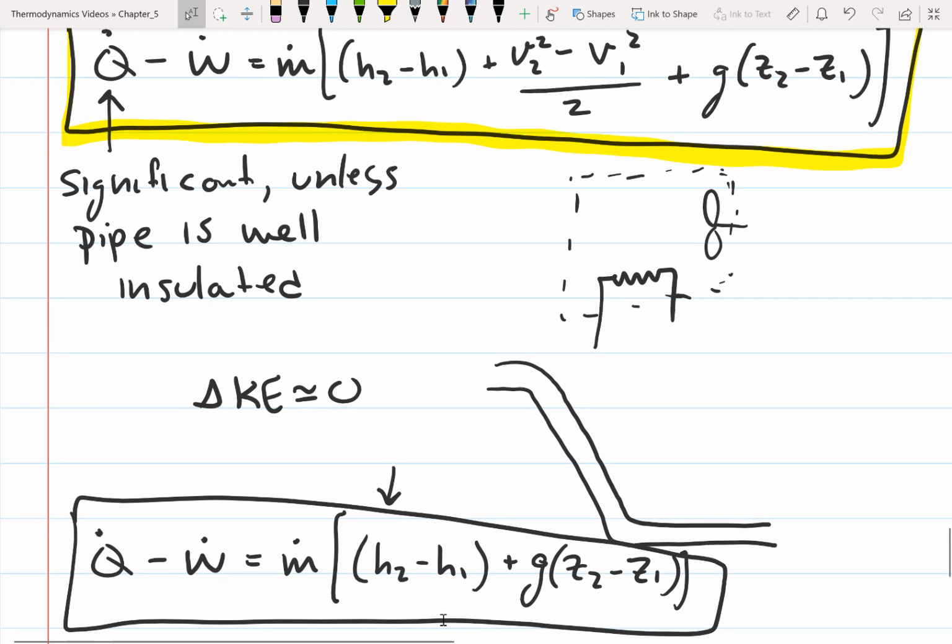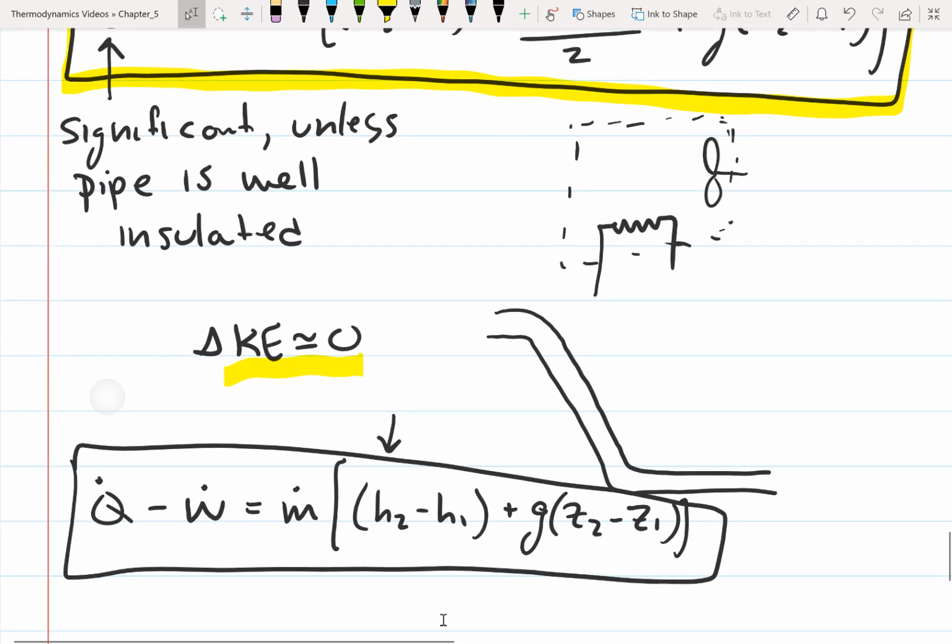Also, the change in kinetic energy is often approximately zero because the velocities are usually slow in pipes and there's usually not a large change in velocities. Also, pipes can often have large elevation changes, but if your pipe doesn't, then your potential energy term would be zero. So this is your energy balance for a pipe flow.